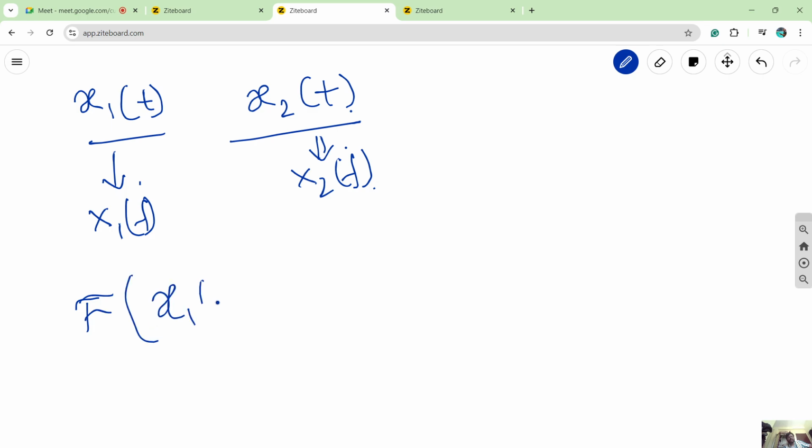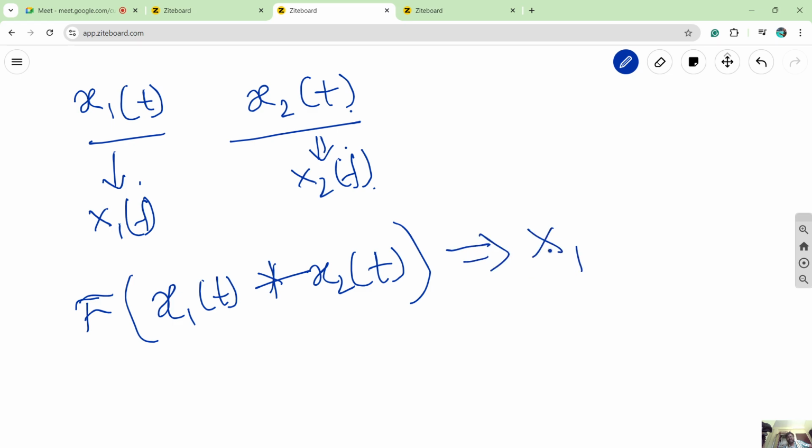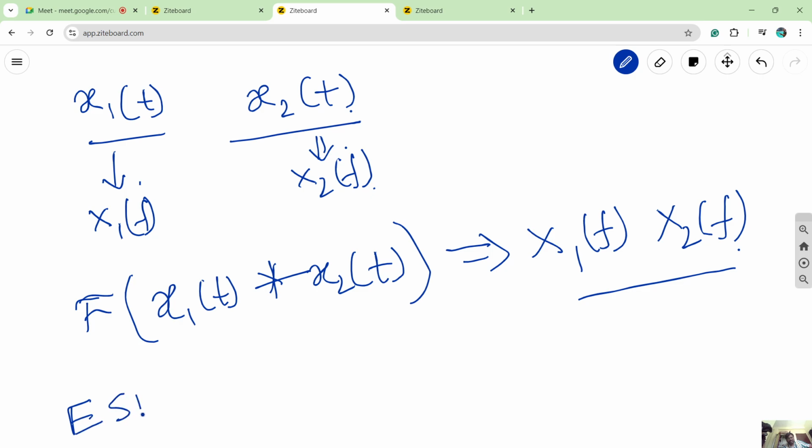Convolution between x1 of t and x2 of t. So in frequency domain, what signal will we get? It is just a multiplication of X1 of f and X2 of f. And then if I want to calculate the energy spectral density of this signal.